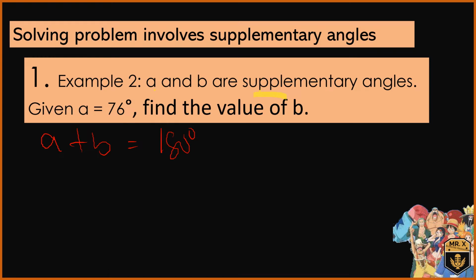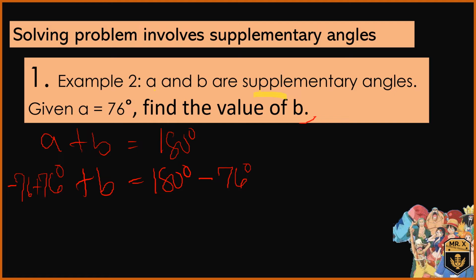We have the value of A, which is 76 degrees, so 76 plus B equals 180 degrees. Our task is to find the value of B. To do that, we again subtract 76, and the same on the other side. It must be fair. This process is called the subtraction property of equality.